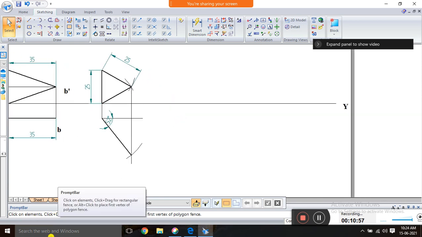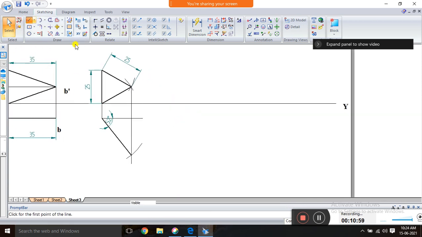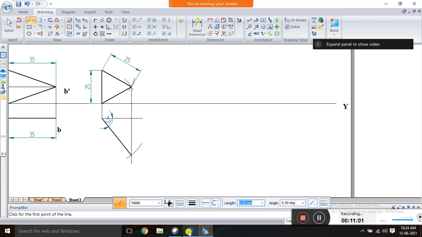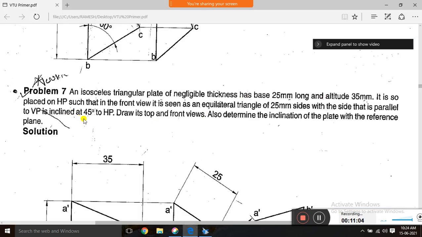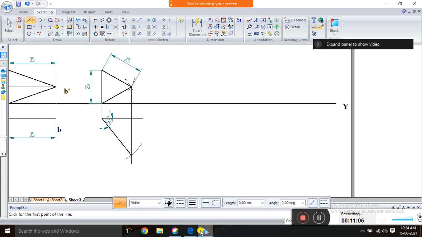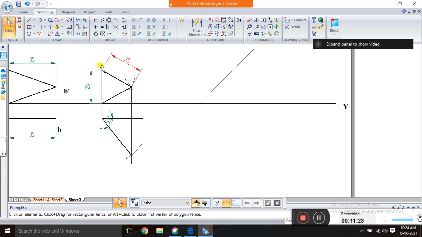And the third position, I told, is purely the reconstruction position. Here you just take that inclination of 45 degree to HP. Okay, so here first you have to draw HP inclination. First you have to draw a 45 degree line anywhere. So the inclination is 45. Okay, draw it. Next you have to reconstruct this position. Take this, it is 25 mm.